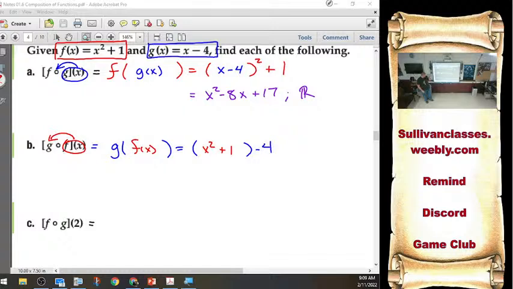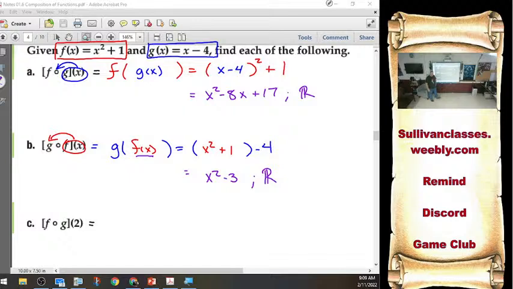And then simplify it. And then I have to ask, are there any restrictions to the end result? Check the input function. Were there any restrictions to the input of f of x? No. So it's all real numbers.